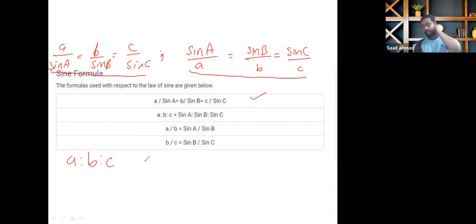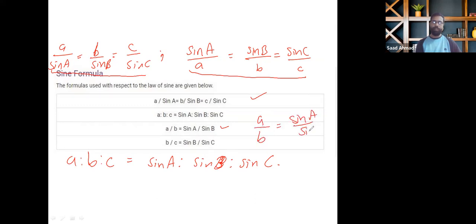The ratio of these three sides equals the ratio of the sine of angle A, sine of angle B, and sine of angle C. And the third formula tells us a over b equals sine A over sine B. Similarly, b over c can also be sine B over sine C. So these are just some modifications, or simplifications, of this formula that we can use depending on what we are trying to find.